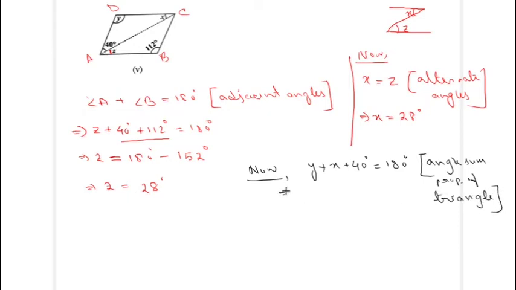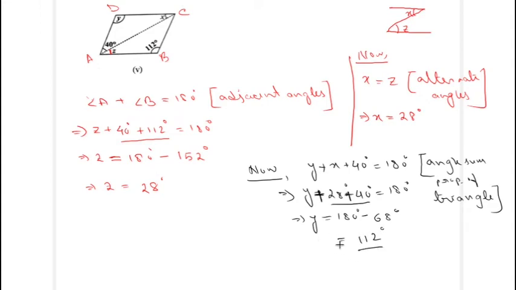So y we have to find out. The value of x is 28 degree, plus 40 degree equals 180 degree. So y equals 180 degree minus, if we add it we get 68 degree. So if we subtract it we get 112 degree. So this is the value of y over here.